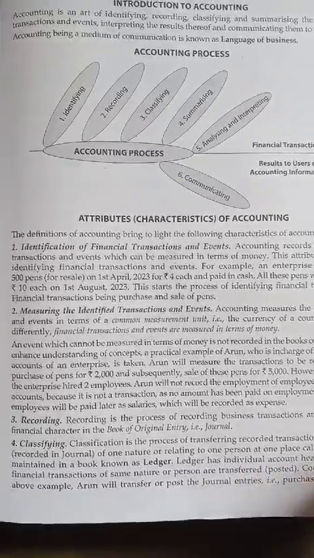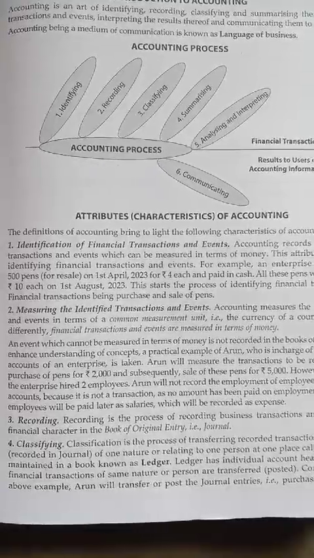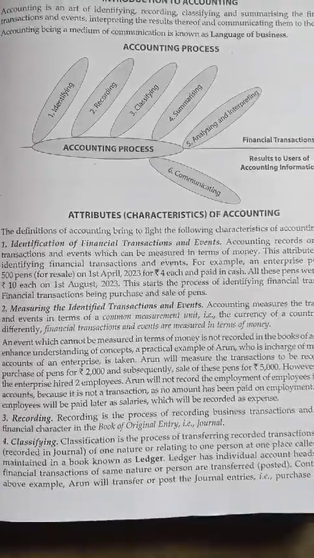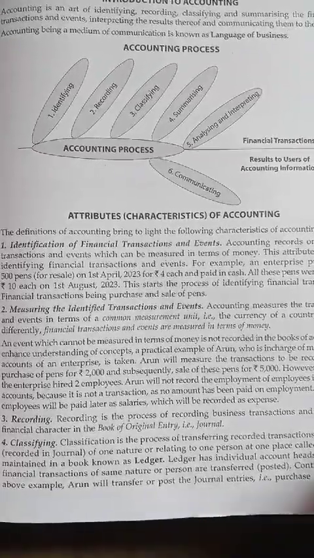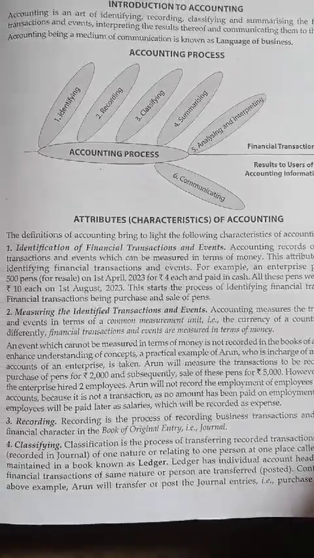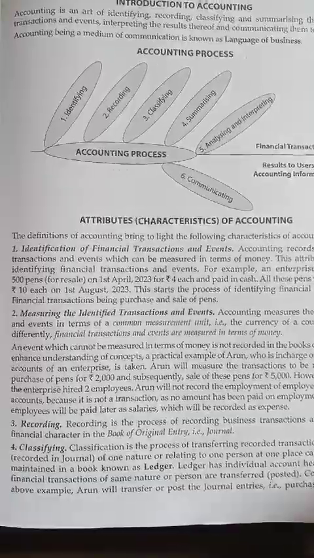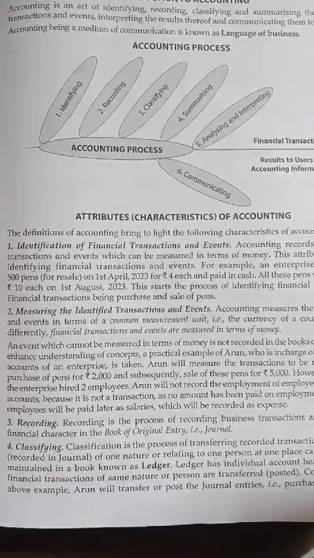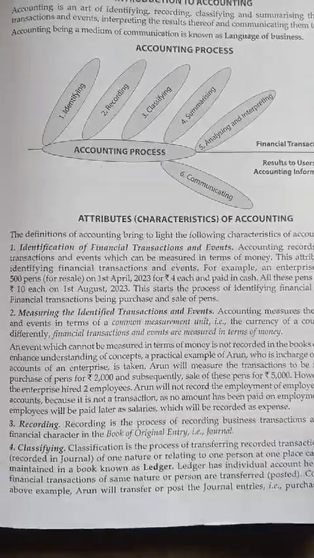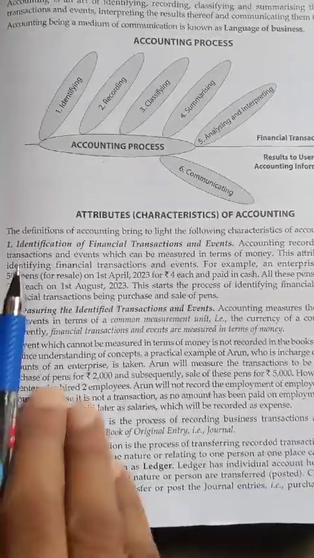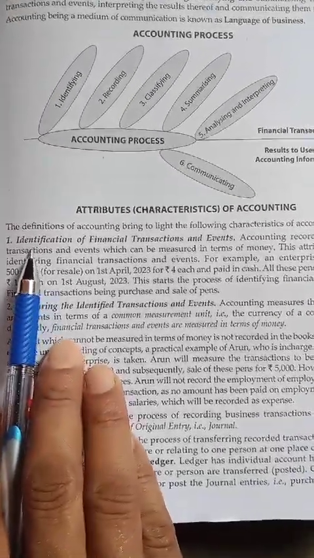First of all, we have to identify the financial transactions or events. Financial transactions mean those related to the business organization. Which organization are we talking about? So we have to identify the transactions related to that business organization.